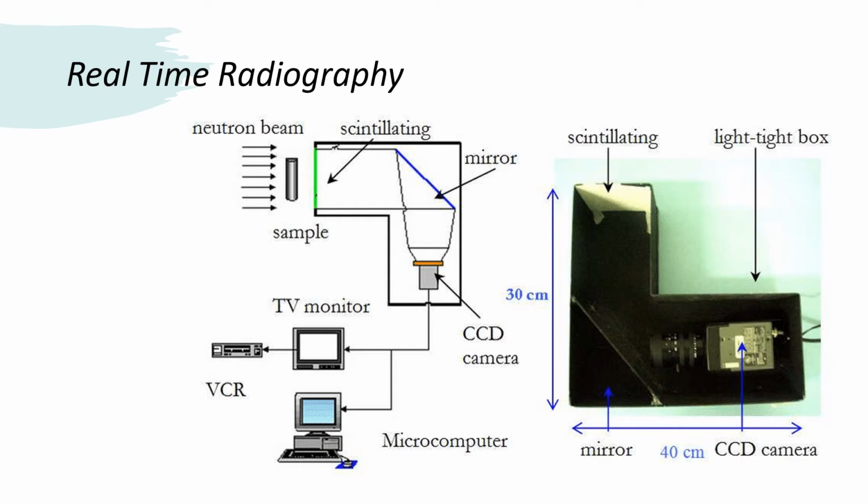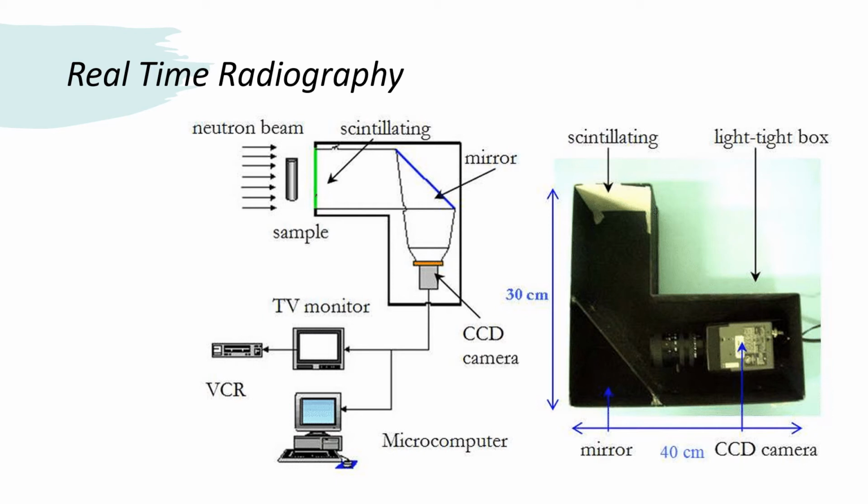Real-time radiography uses X or gamma radiation, as does conventional radiography, to produce a visible volumetric image. A major difference is in viewing the image. During film radiography, the image is viewed in a static mode.